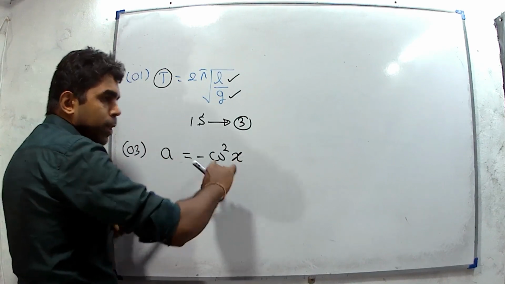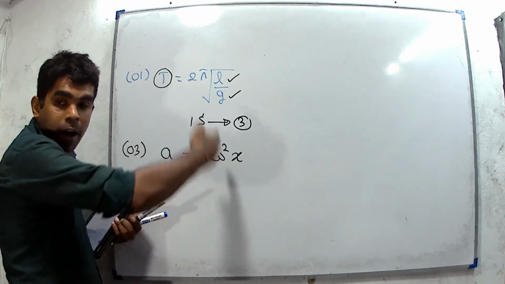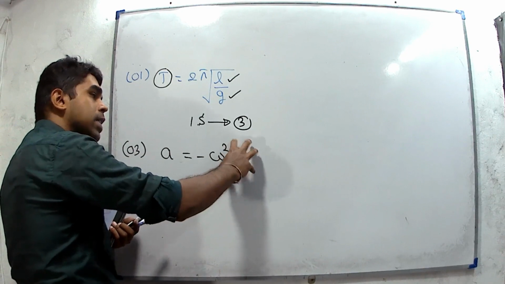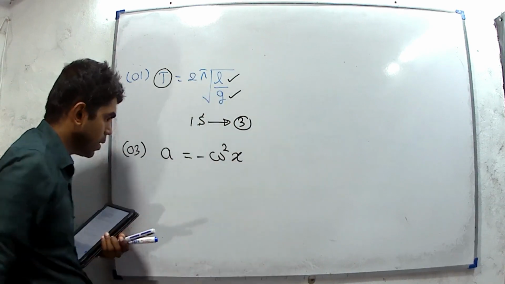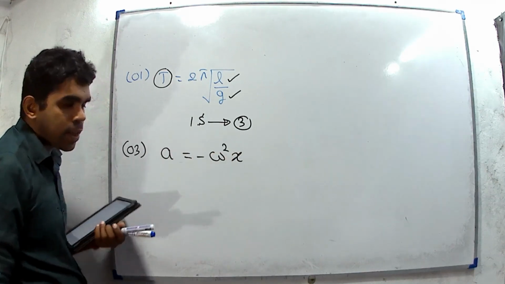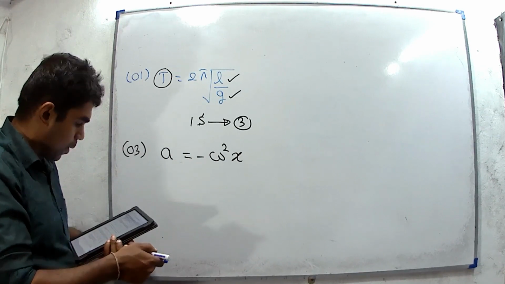We are using x for simple harmonic motion in the x-axis and y for the y-axis. Therefore, x or y represents displacement. Then acceleration equals minus omega squared x. It is the common equation for the acceleration of simple harmonic motion.